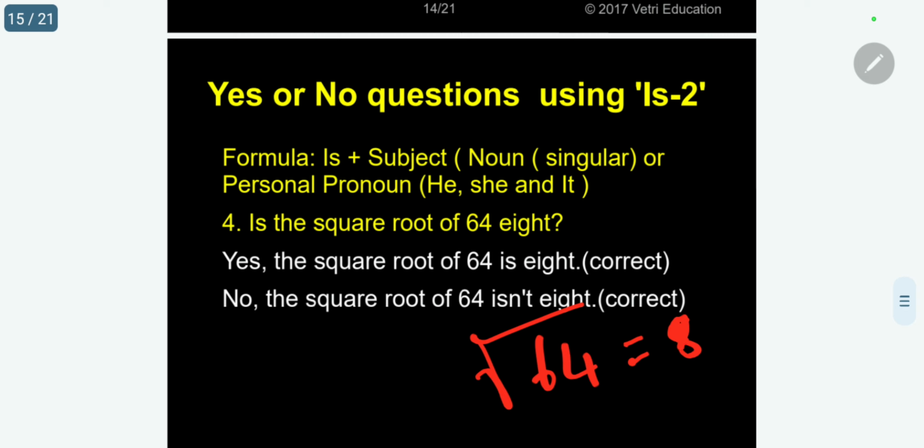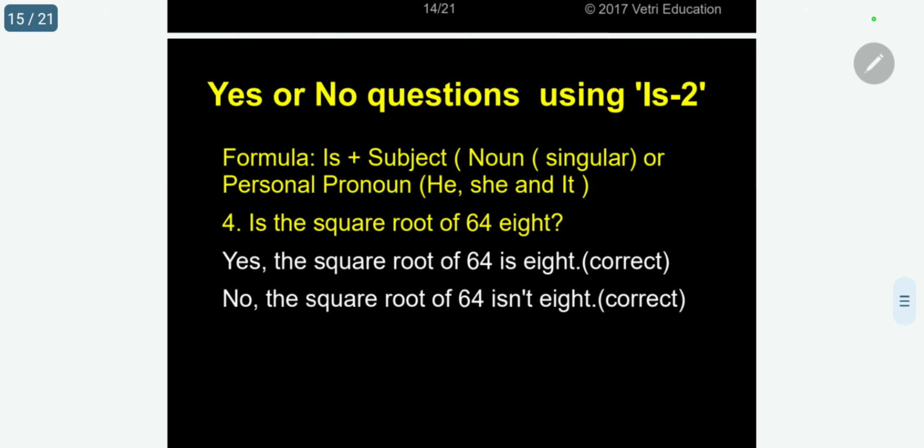This is the question. Answer is correct. Yes, the square root of 64 is 8, because 8 into 8 is 64. Correct. No, the square root of 64 isn't 8. Kindly follow. Isn't 8. So, this is wrong.